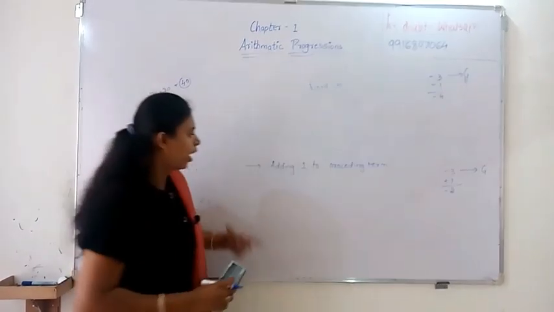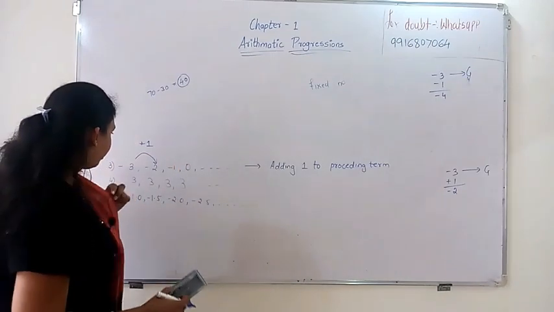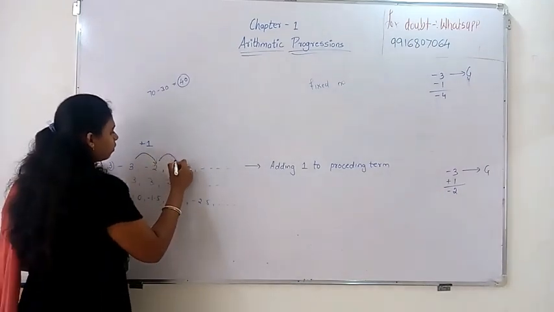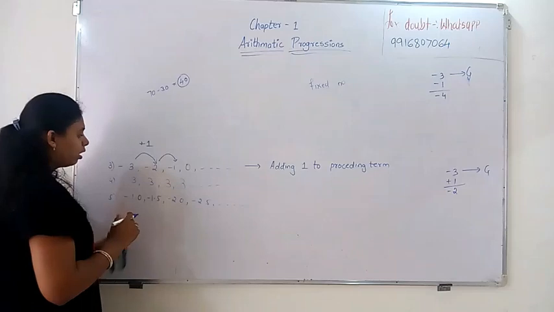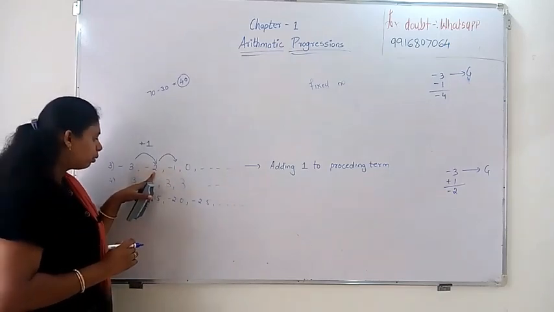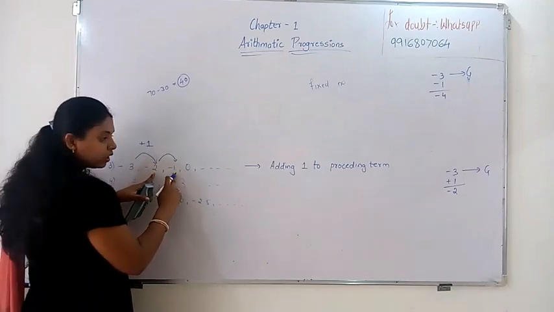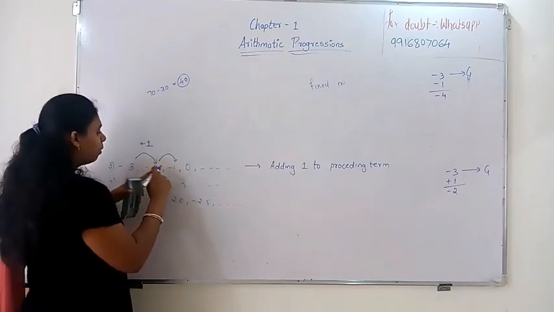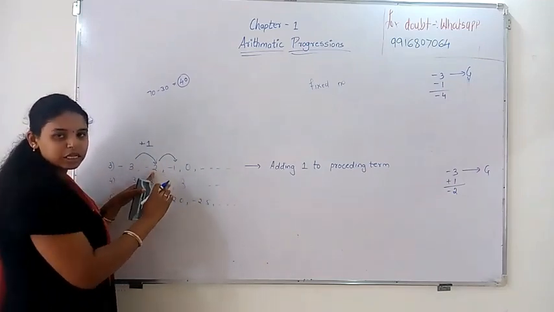We are going to add 1 to the preceding term. Now next one more I will try. Now here preceding term is -2 for this -1, correct? -1 is succeeding term, -2 is preceding term of -1.